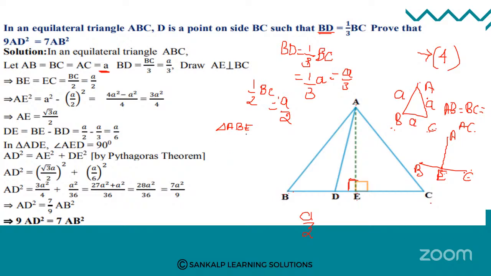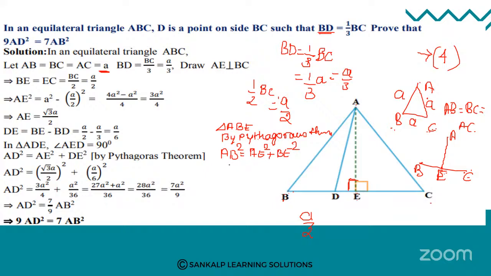By using Pythagoras theorem, we can write hypotenuse AB square is equal to AE square plus BE square.